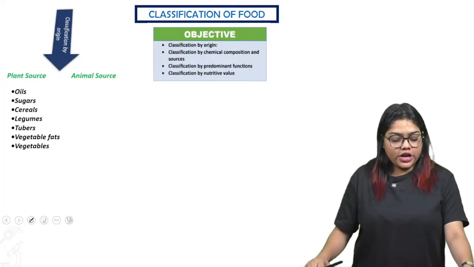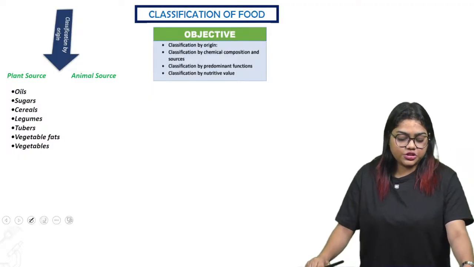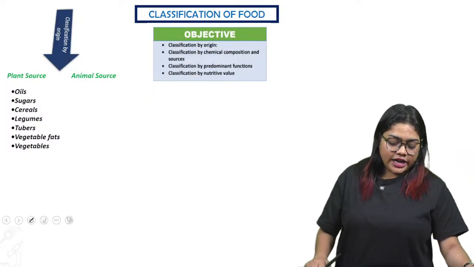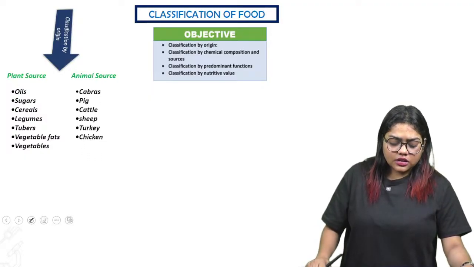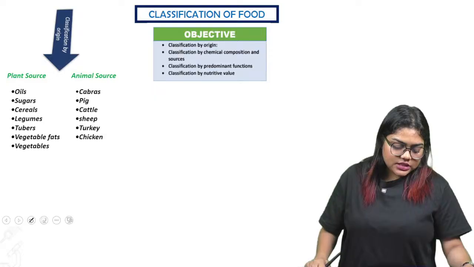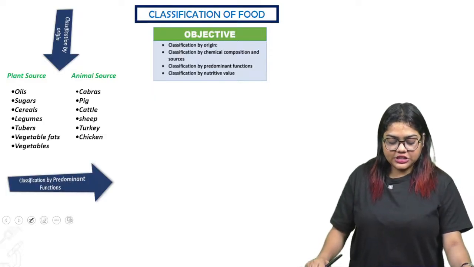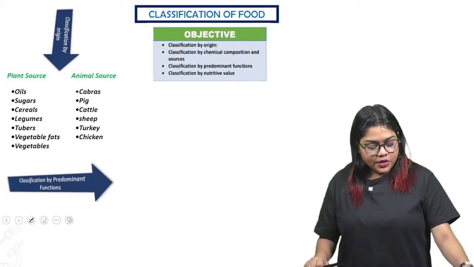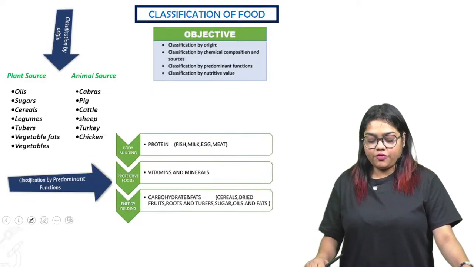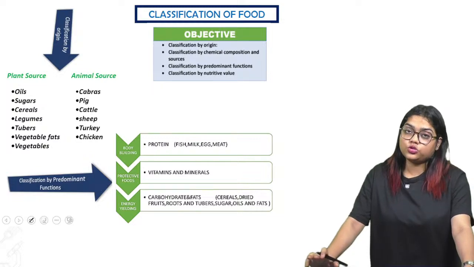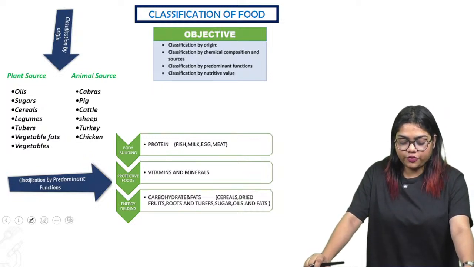Plant sources are oil, sugar, cereals, legumes, tubers, vegetable fats and vegetables. The animal sources are crabs, okay, pigs, cattle, sheep, turkey, chicken, egg, okay. Classification by predominant function: protein, which comes from fish, milk, egg, meat, in the highest amount, is for body building.